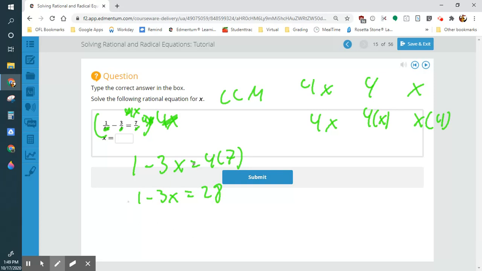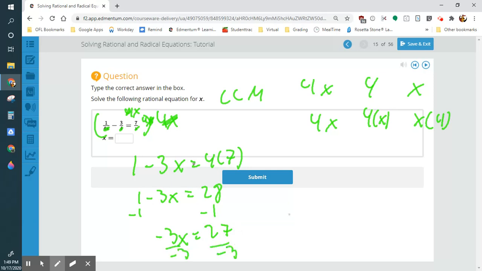Now what I'm going to do is get rid of this. I'm going to subtract the 1, subtract the 1. So I get negative 3x equals 27. And then I'm going to divide by negative 3.